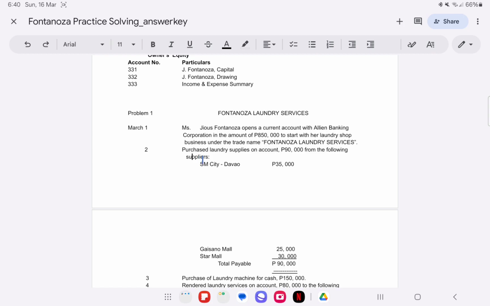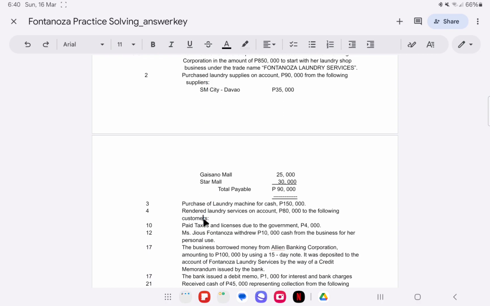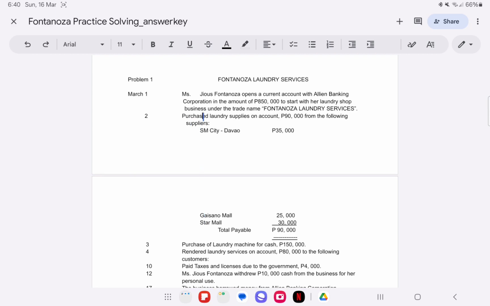If that's a written promise to pay, maybe that's notes payable, because you're dealing with your suppliers, but here you are dealing with your customers. Before, in the previous transaction, you were negotiating with your suppliers for your laundry services company.